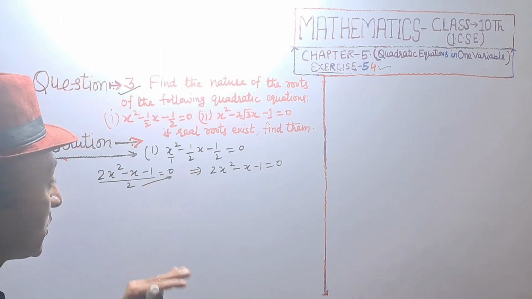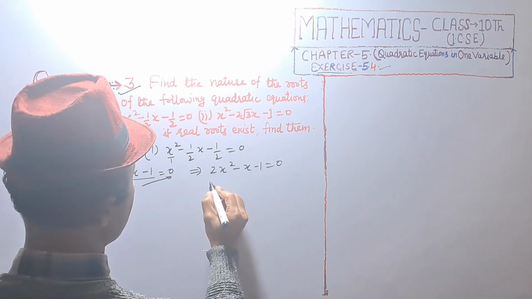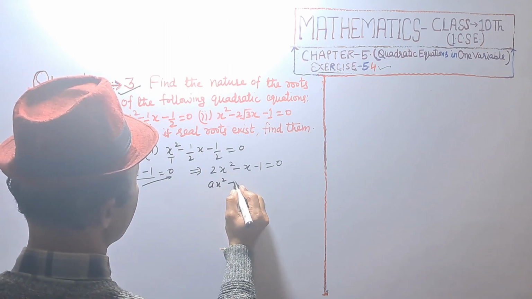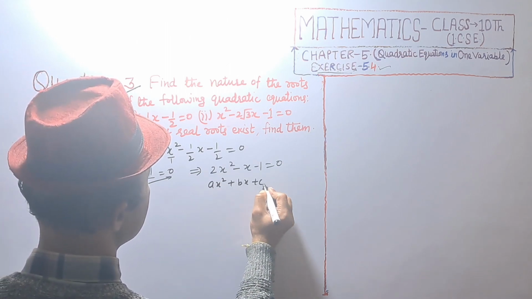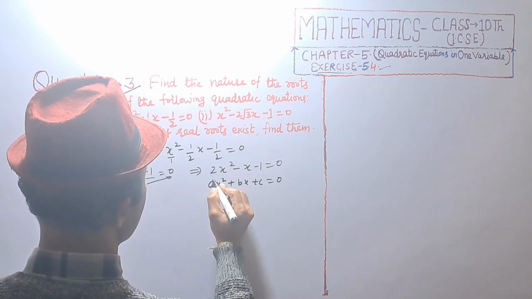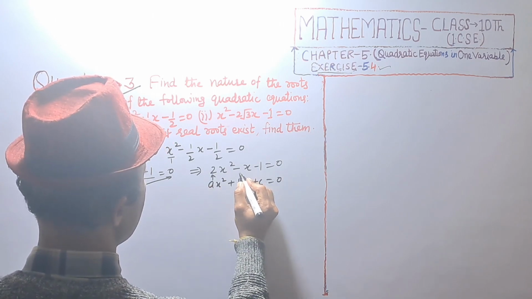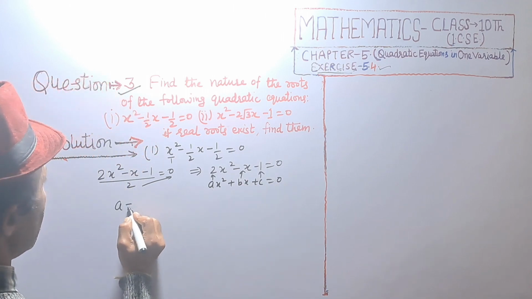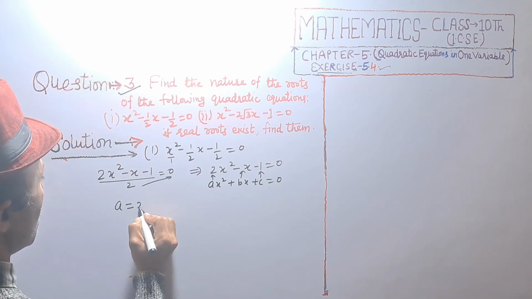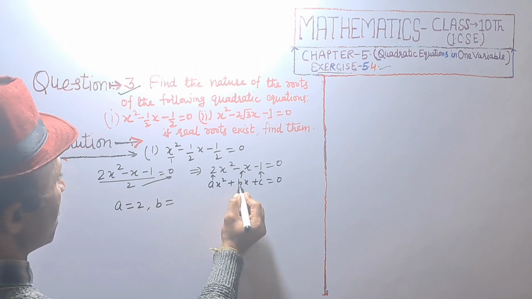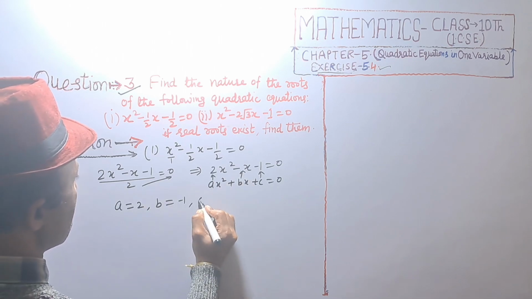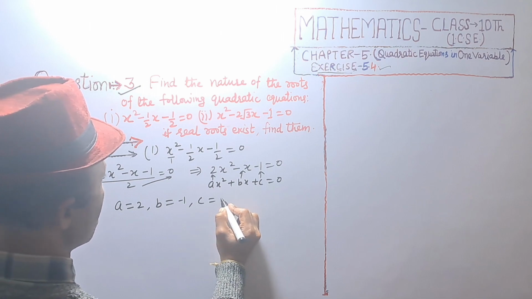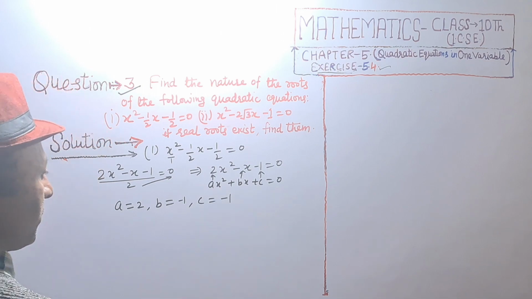We are comparing this quadratic equation with ax^2 + bx + c = 0, and we get a, b, c. A is equal to 2, b is equal to -1, and c is equal to -1.